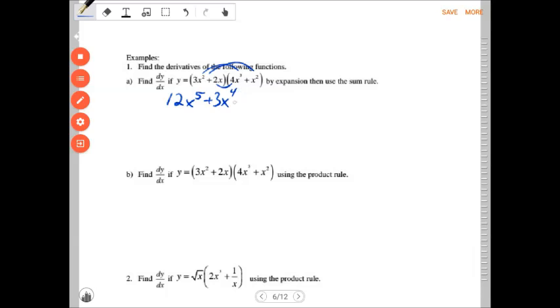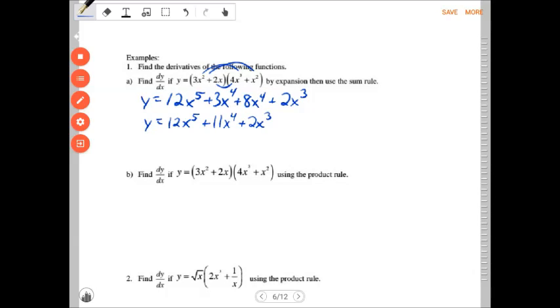Then that one, so that's going to be 8x to the fourth plus 2x cubed. The middle x to the fourth terms combine, so our y equals 12x to the fifth plus 11x to the fourth plus 2x cubed.